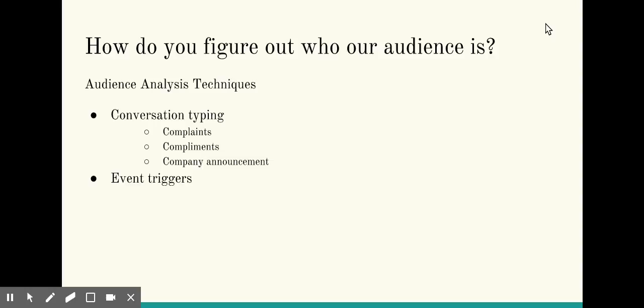The other kind of audience analysis technique is event triggers. The event trigger technique is essentially what it sounds like. The idea is that something has happened and you know that the social media conversations are going to uptick.